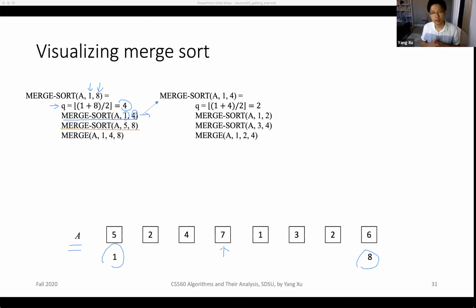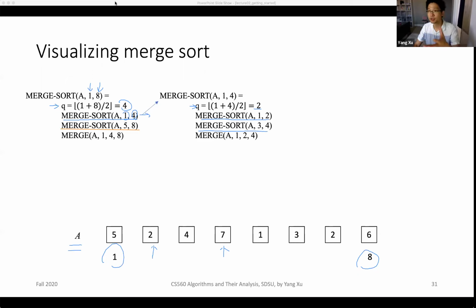So this subproblem can be further divided, okay? So we will divide the problem again by computing the new midpoint, which is 2, which is here. And then we further call merge sort itself upon this even smaller subproblem from 1 to 2, and the second one from 3 to 4, okay.